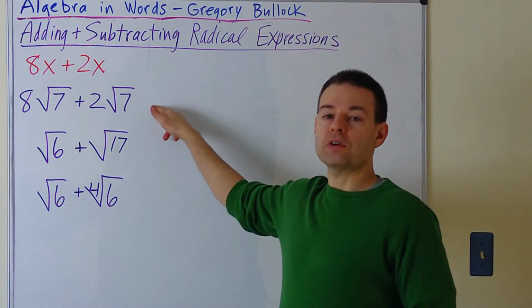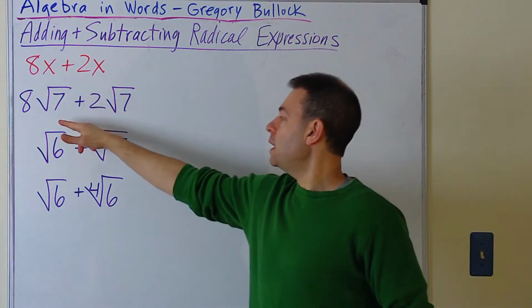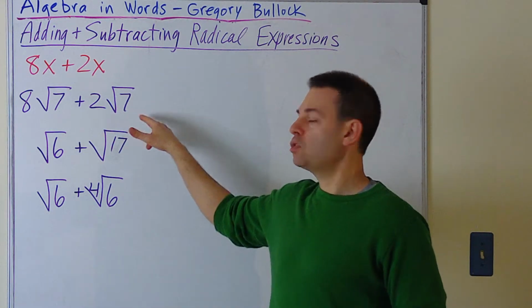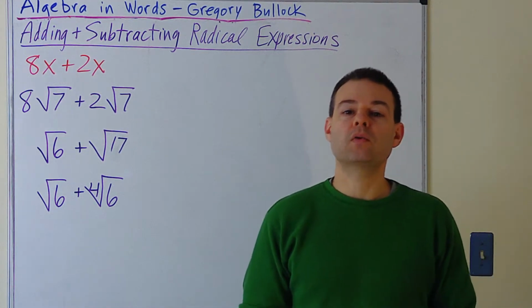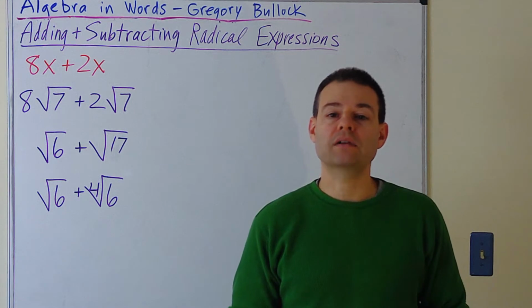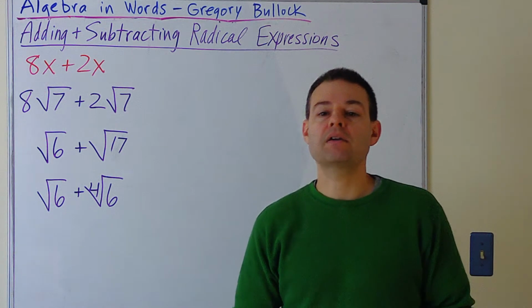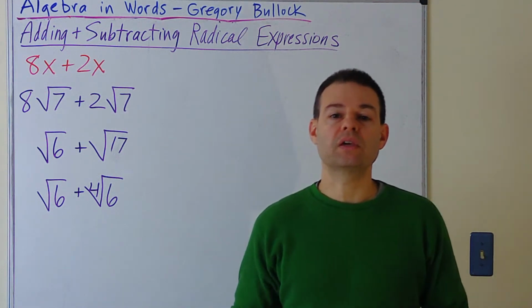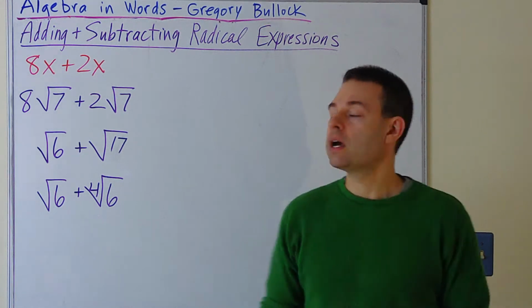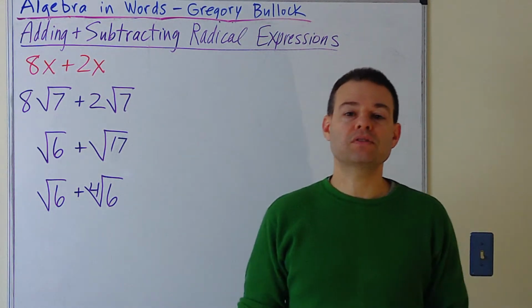Our first example is 8 square root of 7 plus 2 square root of 7. And the question is, are these like radicals? To bridge you from something that you already know, which is like terms, above I have 8x plus 2x.